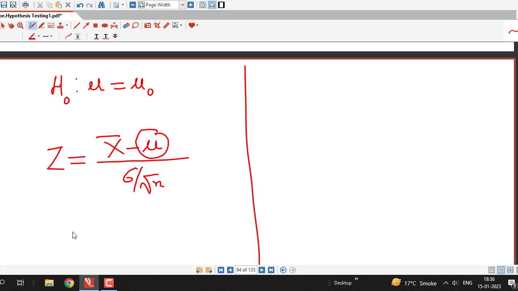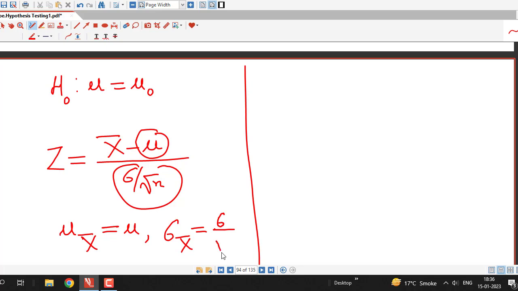This mu is nothing but the mean of the sampling distribution of x bar, and this quantity, sigma over square root of n, is nothing but the standard deviation of x bar. So we have the same pattern here also, but instead of the population mean, now we consider the population proportion.